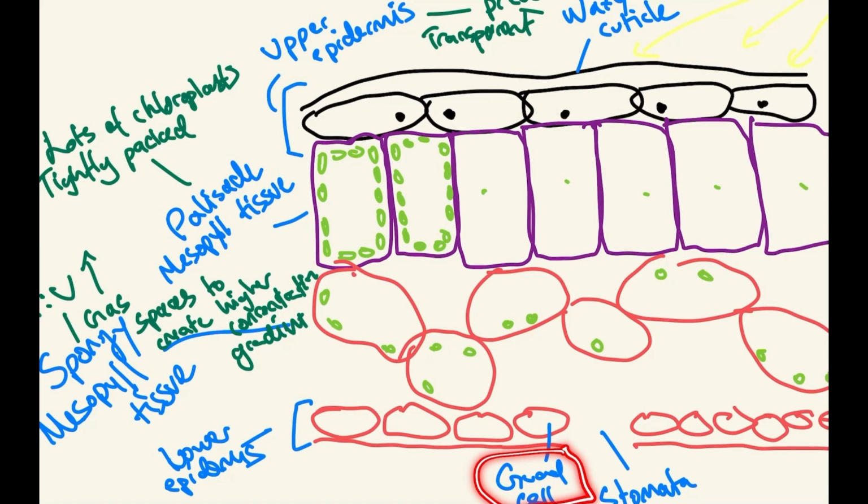These guard cells are responsible for opening and closing the stomata. The way in which these work we'll get into later, but the stomata is controlled by the guard cells. They can fill up with water or have no water, and this will control if they close the stomata or not.